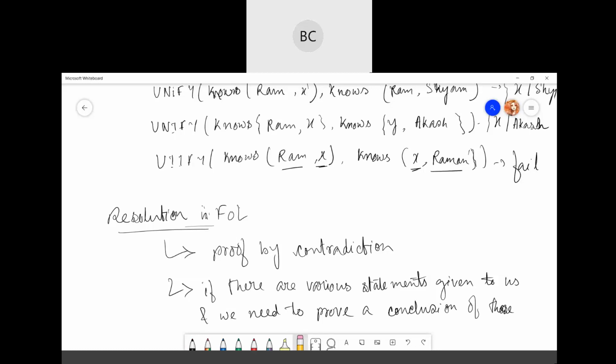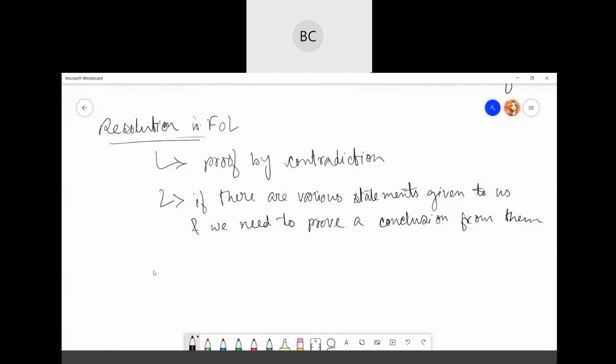Just write from there. Okay, so unification will be a helpful process to prove by resolution. So resolution is a single inference rule which can efficiently operate on conjunctive normal form or clausal form.